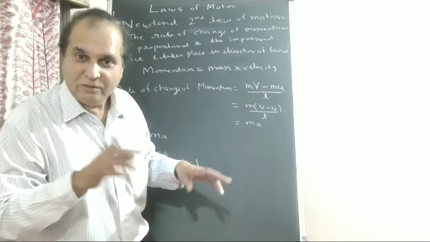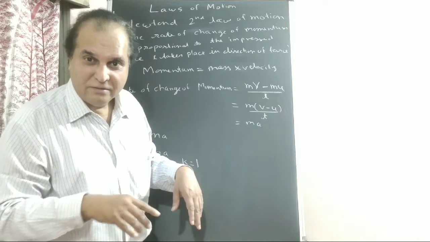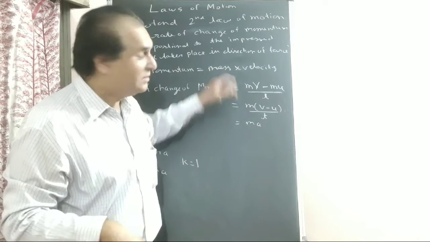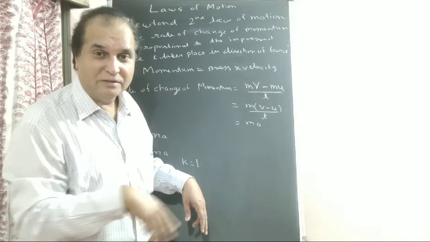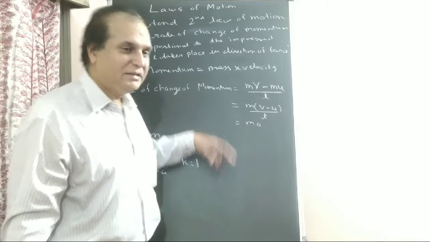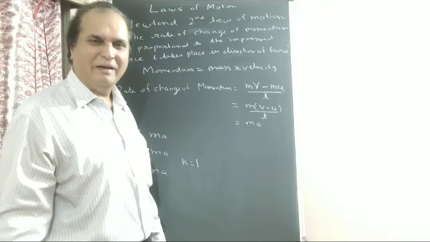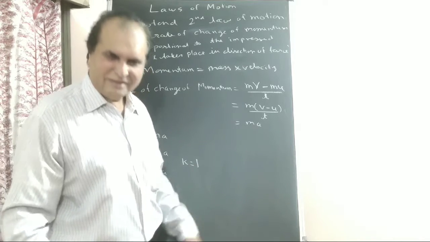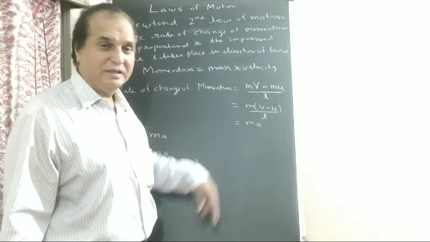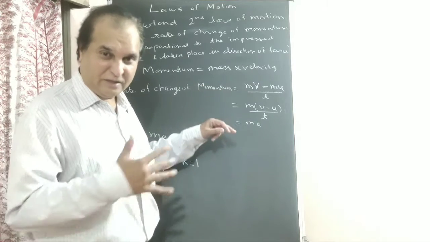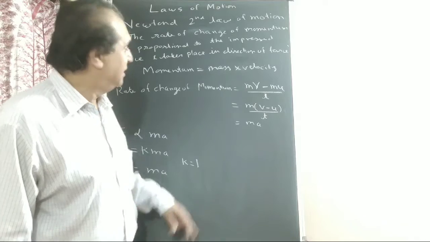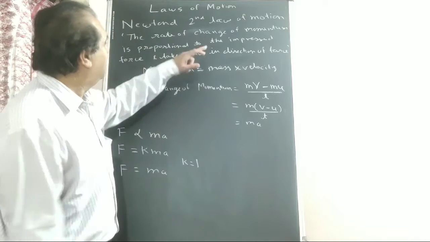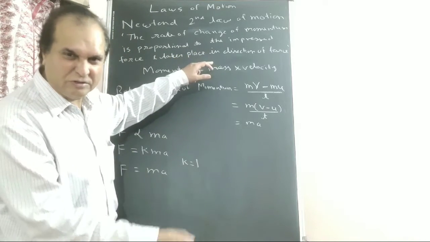Because both are moving with the same velocity, the one hit by the truck, because the mass of the truck was much more than the cyclist. The cyclist, that person, nothing will happen. Though the velocity is the same, the mass of the truck was more. So the product of mass and velocity is momentum, and the change in momentum is force.